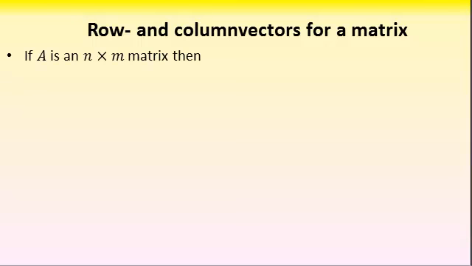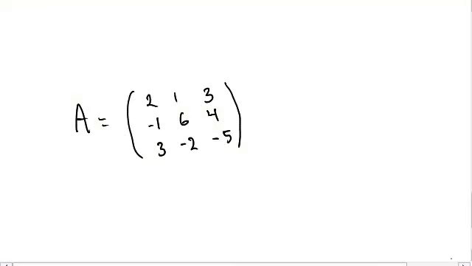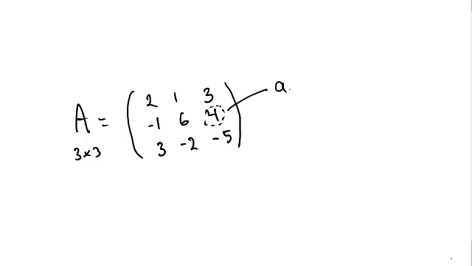Now, if we go back and consider a general matrix, an arbitrary matrix, and we call this matrix A, so it's an arbitrary n by m matrix. Here is an example of a matrix. It's 3 by 3. We know how to refer to individual elements. For example, this one here, the 4, that is called A2,3, as it's on the second row and the third column.